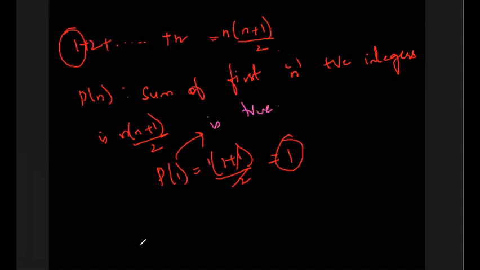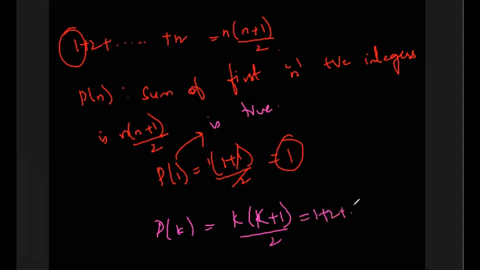Now we have to prove for P of k. We assume P of k is k into k plus 1 by 2, where the summation is 1 plus 2 plus and so on up to k. Now under this assumption, we have to take P of k plus 1.